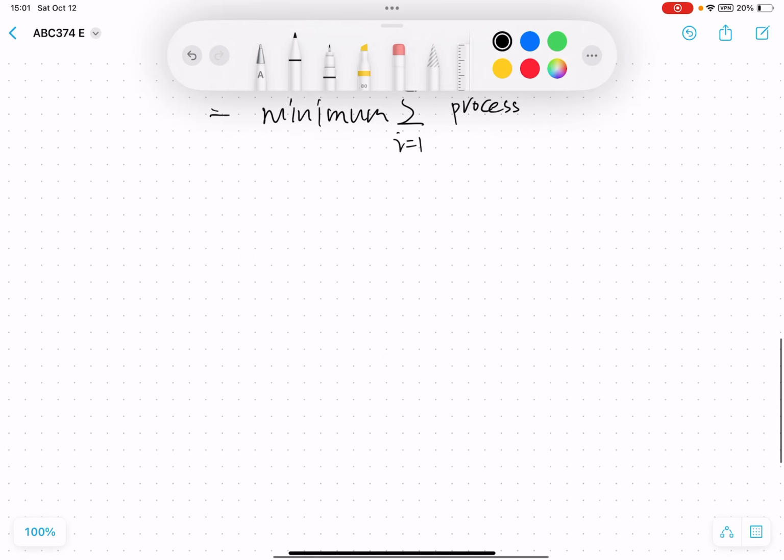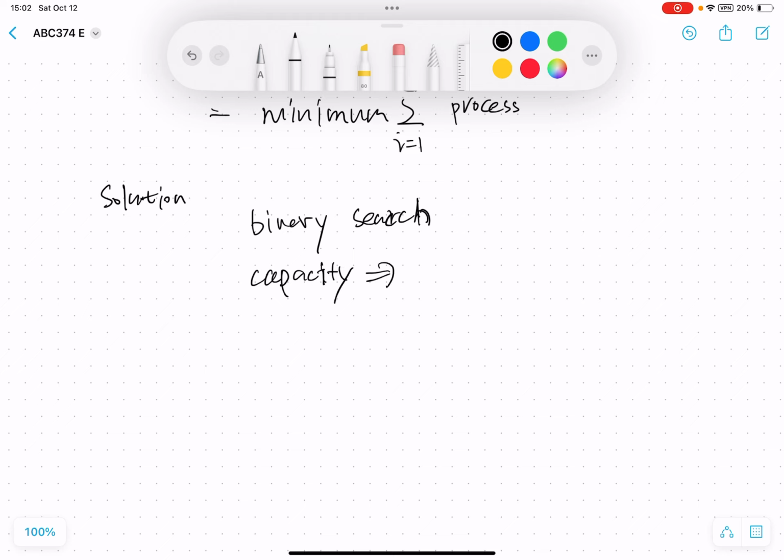Next part, let's talk about the solution. This is a funny problem, at least for me. Actually, a very direct solution to solve this problem is to use binary search. More specifically, for every answer you can check a capacity, whether the capacity is available.